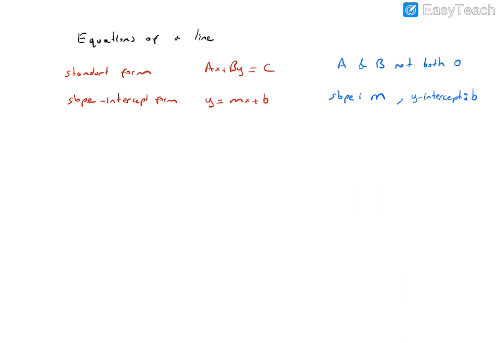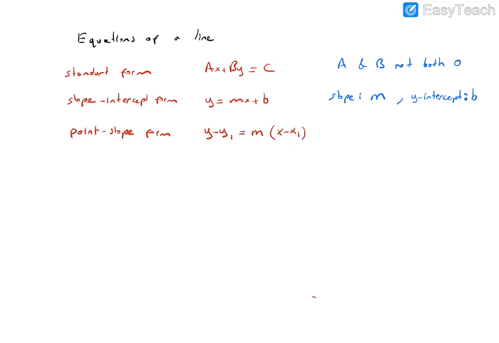The third form of the line is the point-slope form. You have to know all the forms because sometimes we need the point-slope form, sometimes we need the slope-intercept form, etc. So y minus y1 equals m times x minus x1.